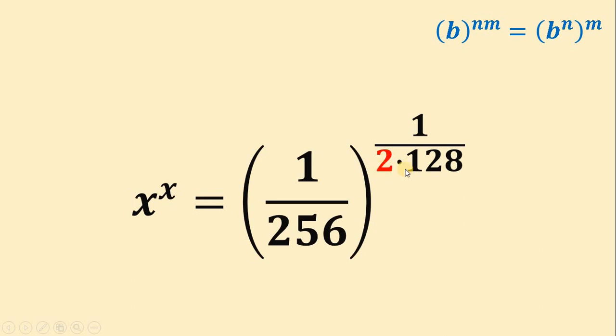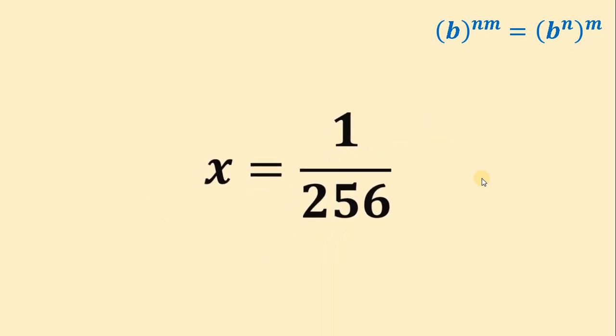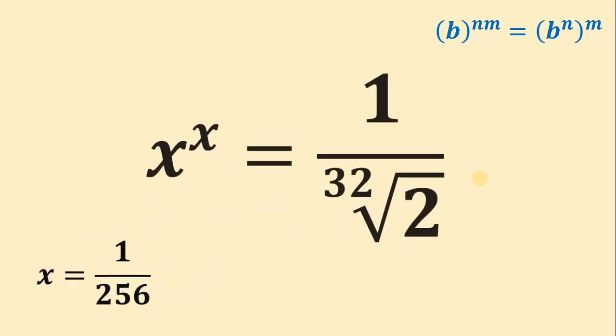On the denominator, 2 times 128 is 256. Therefore, we can say that the value of x must be 1 over 256. But before we conclude that this is our final answer, let's check our solution.